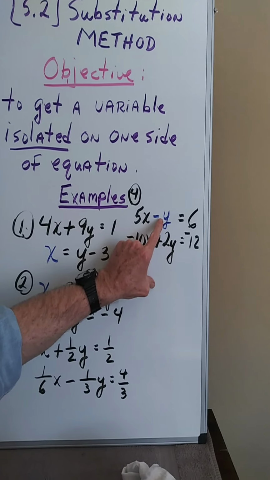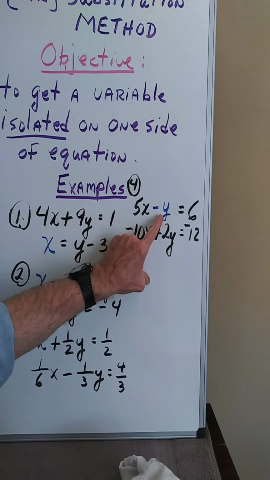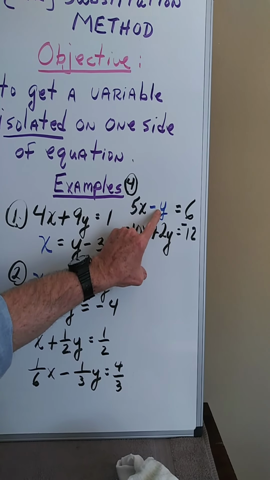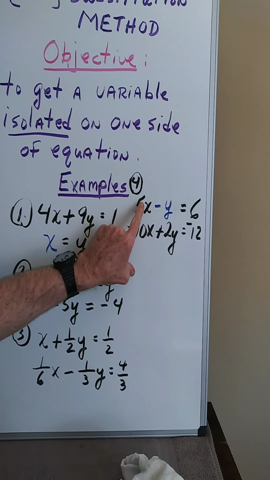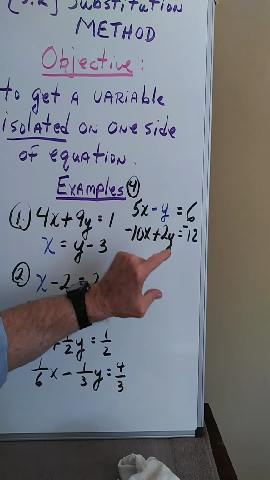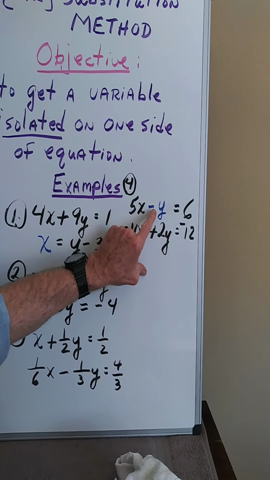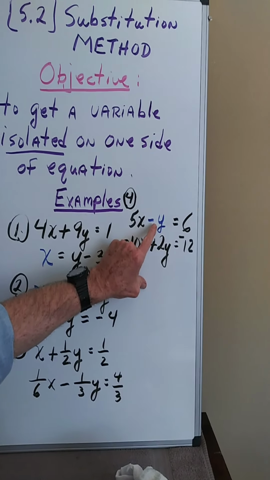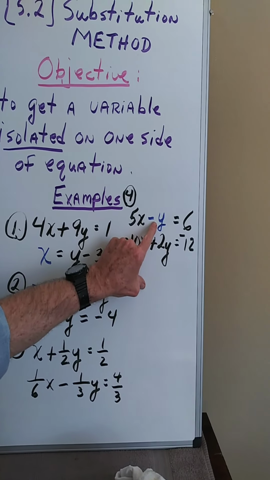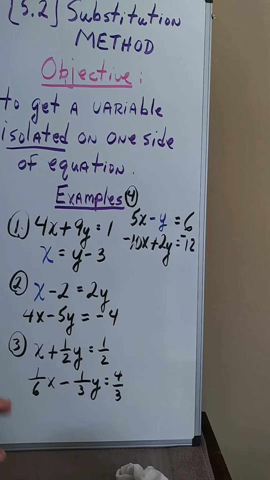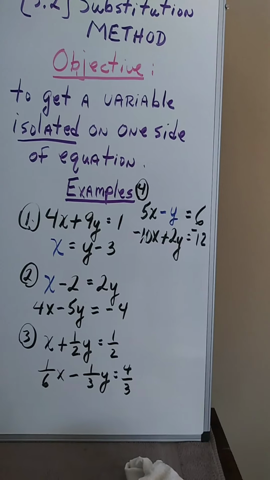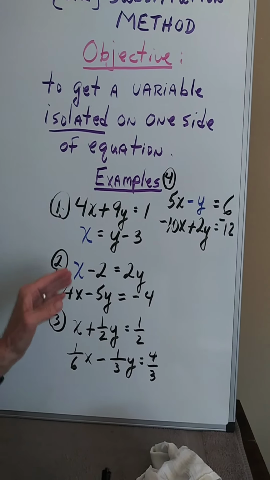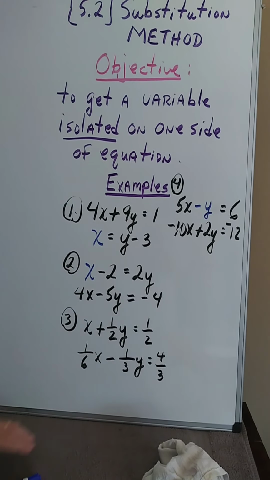It would be very easy to take the top equation and solve it for y by simply moving the 5x over to the other side, a very basic step to get that variable y alone on one side. That is the target that we want to make sure we reach going into substitution.